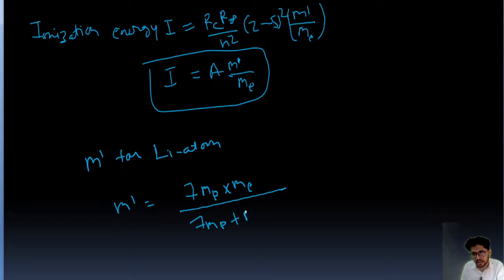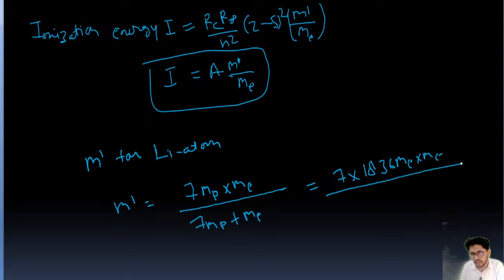The mass of proton is 1836 times the mass of electron, so this is 7 into 1836 Me into Me, upon 7 into 1836 Me plus Me.